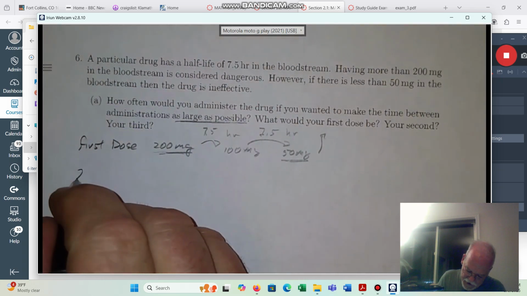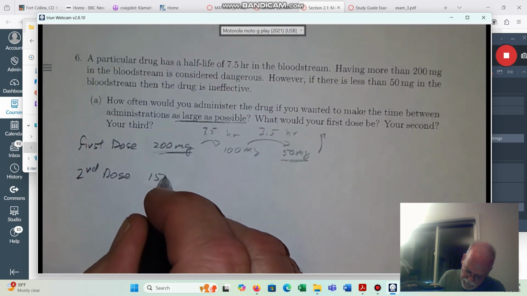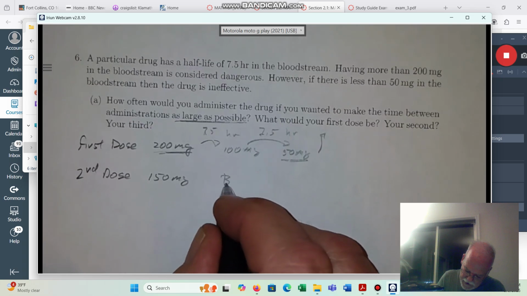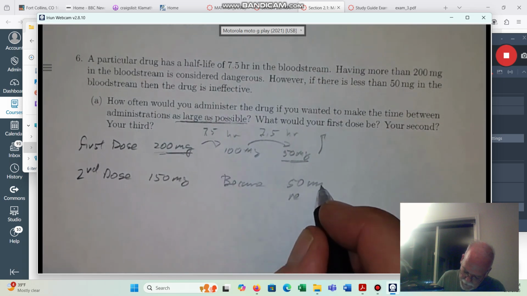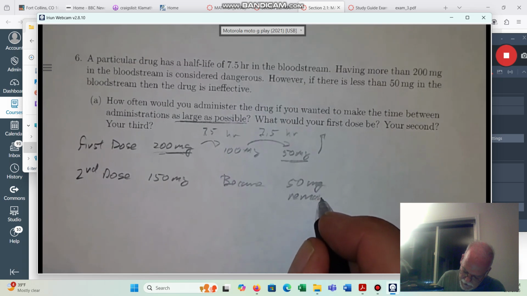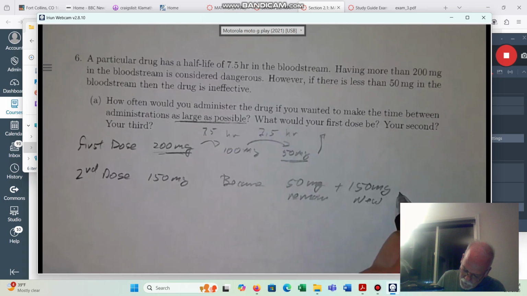My second dose would be 150 mg because 50 mgs remaining plus the 150 mgs new would come up to 200 mgs.